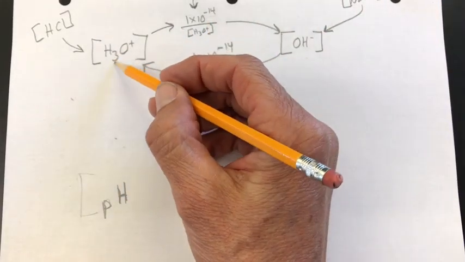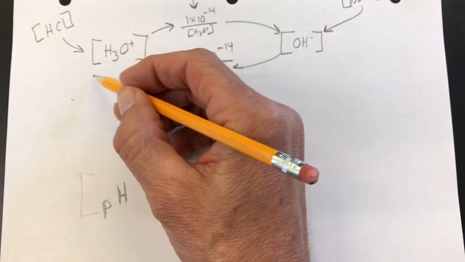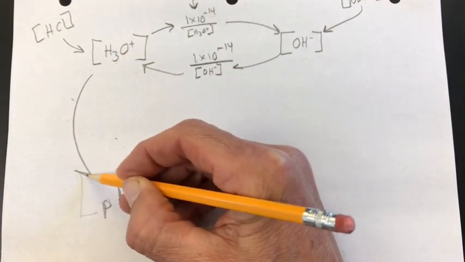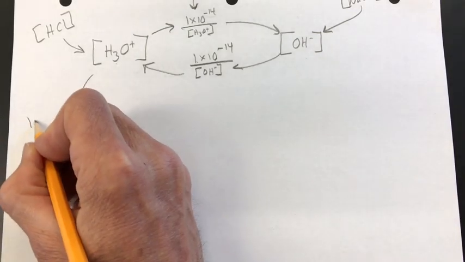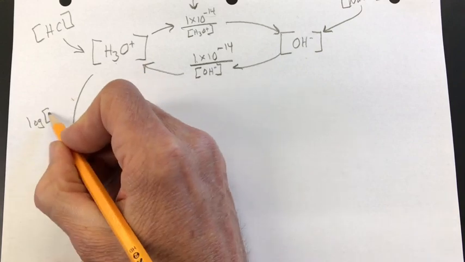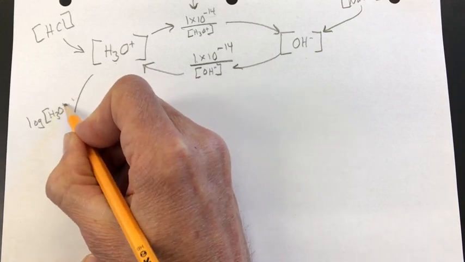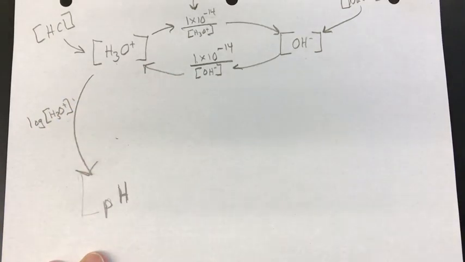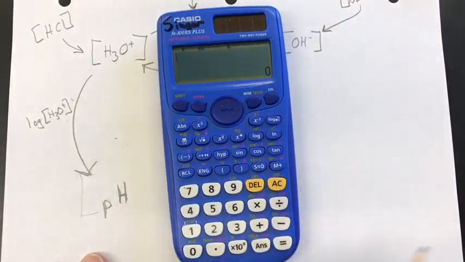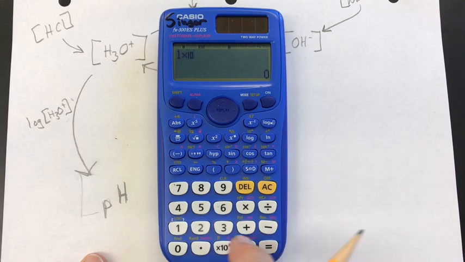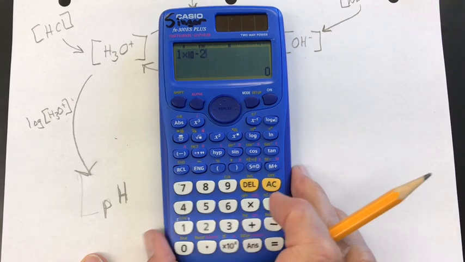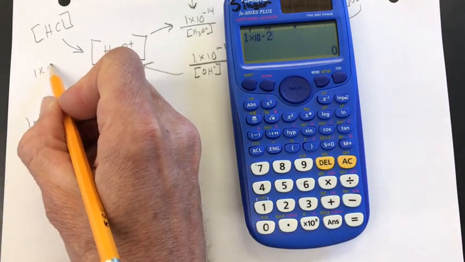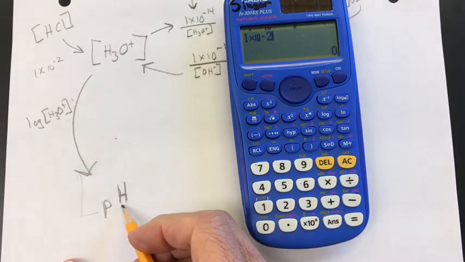If I want to know the pH, how do I go from here to here? I just take the negative log of whatever that concentration is. Let's say the concentration of the hydronium ion is 1 times 10 to the negative 2. What would be the pH?